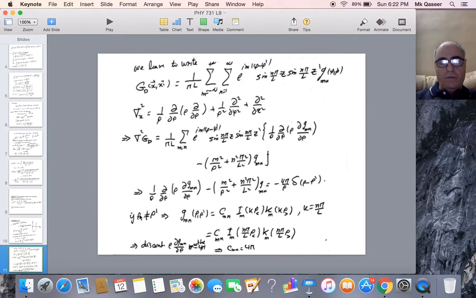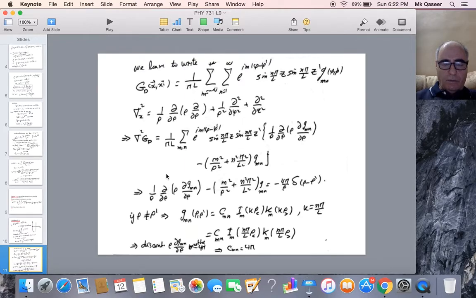Now, for ρ not equal to ρ', we know that the solution is the modified Bessel functions I_m and K_m, with argument nπ/L times ρ, so g_mn is given by this expression. Now there is a discontinuity in g.